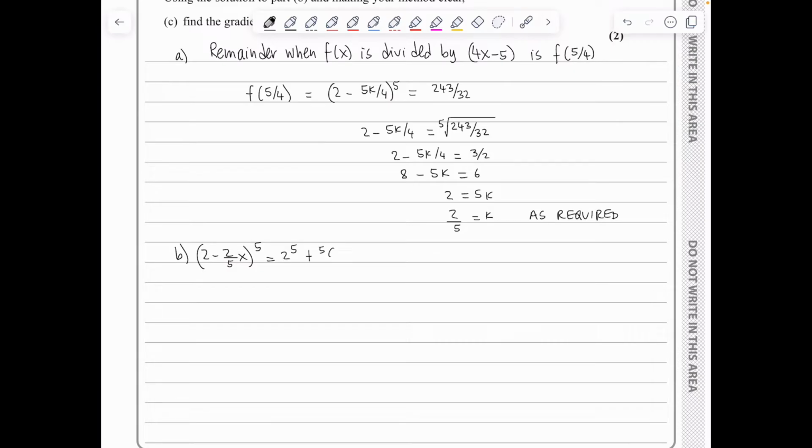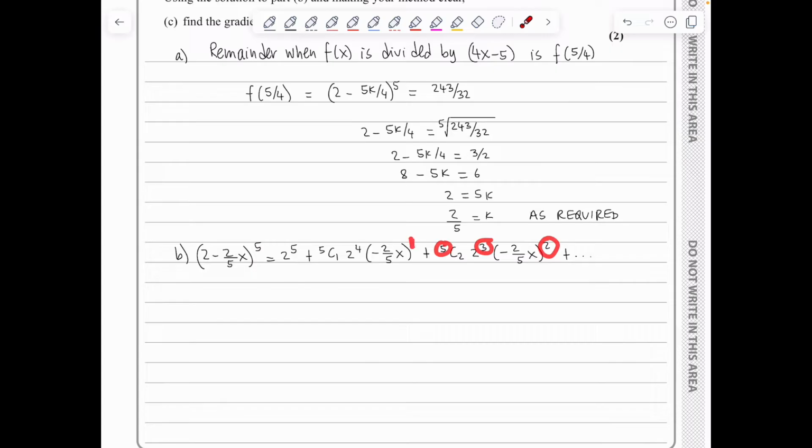Plus 5 choose 1, 2 to the 4 times minus 2 over 5x, plus 5 choose 2, 2 to the 3, minus 2 over 5x all squared, plus dot, dot, dot. Remember that the powers should always be adding up to the original power, which is 5 in this case.